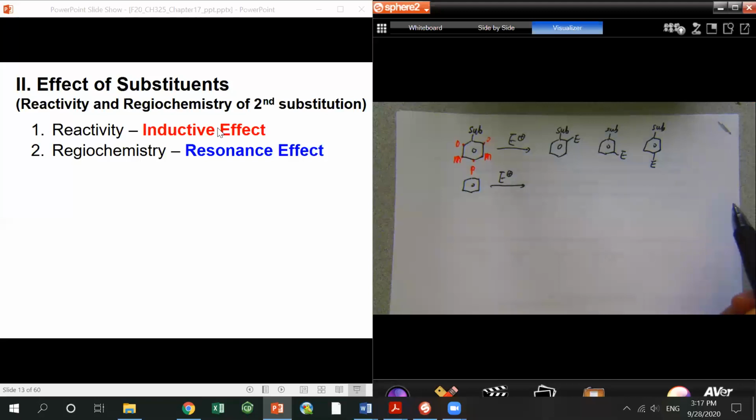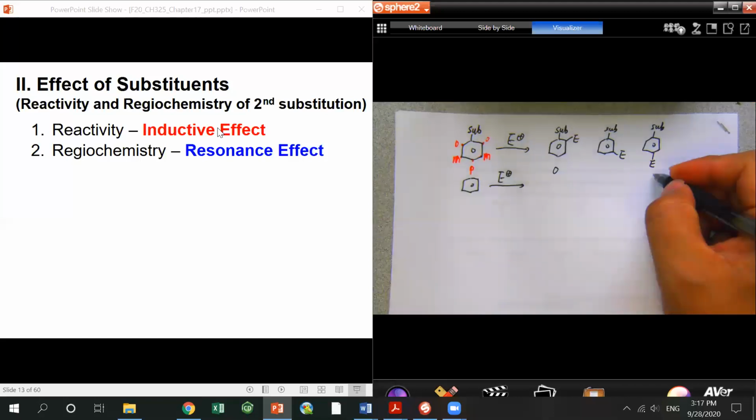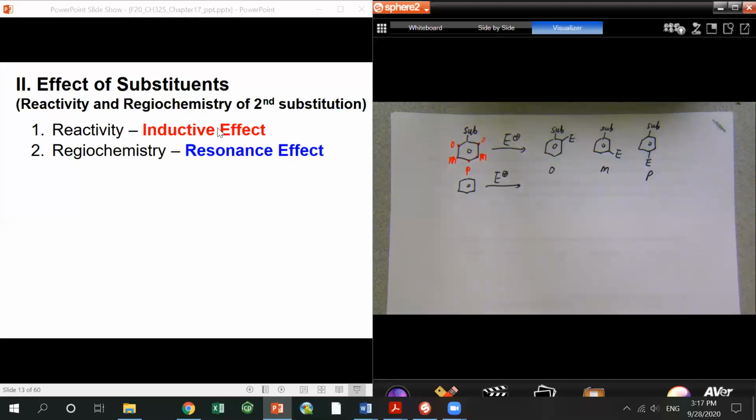But in reality, there are only two possibilities: either you get the ortho or para disubstituted product, or you get the meta substituted product. That is the relatively hard part of this chapter, which we call residual selectivity.